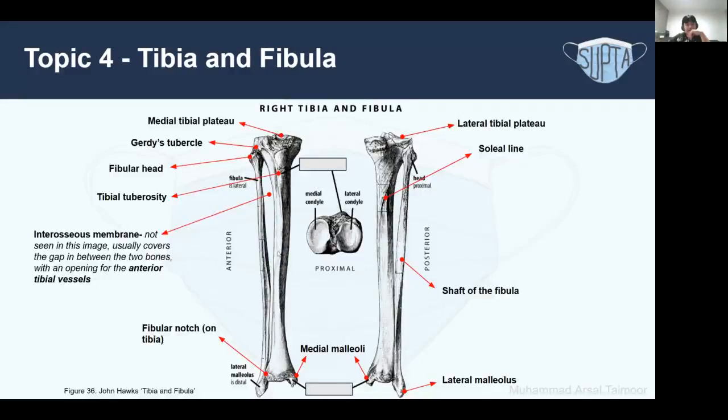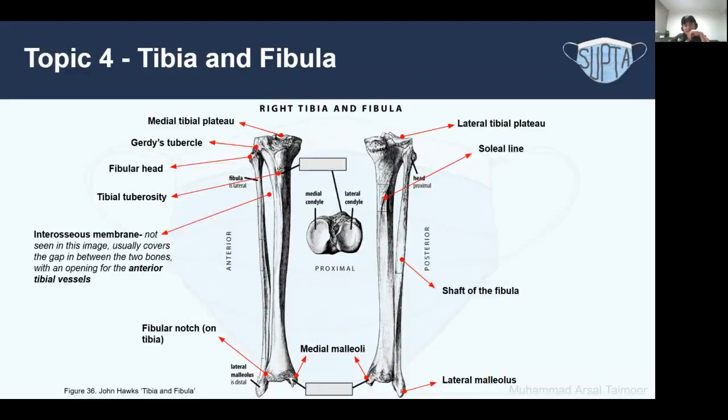There's a gap in this membrane. It's sort of like a mesh, but it's just a membrane between these, and there's usually a gap around here for the anterior tibial vessels to pass through. And then you've got obviously the medial and lateral condyles, and then the lateral malleolus and the medial malleolus.